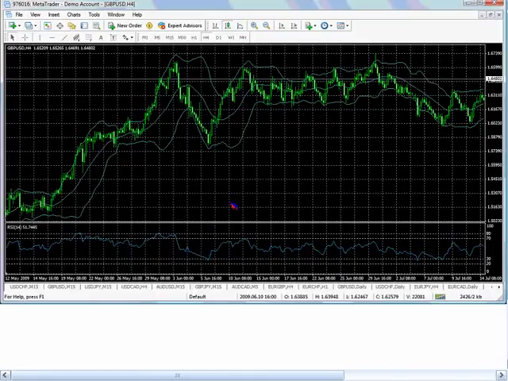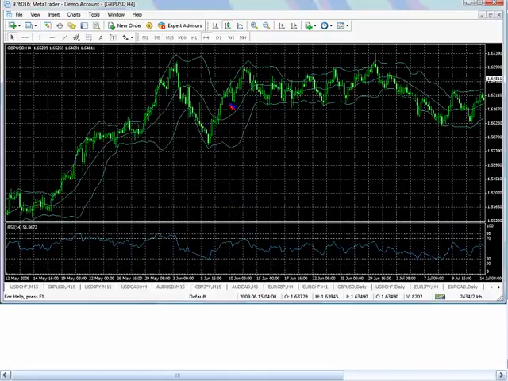Don't use two indicators that tell you the same information. Don't use momentum and the relative strength index both at the same time on the same chart, for example, as a signal to enter the market, okay?